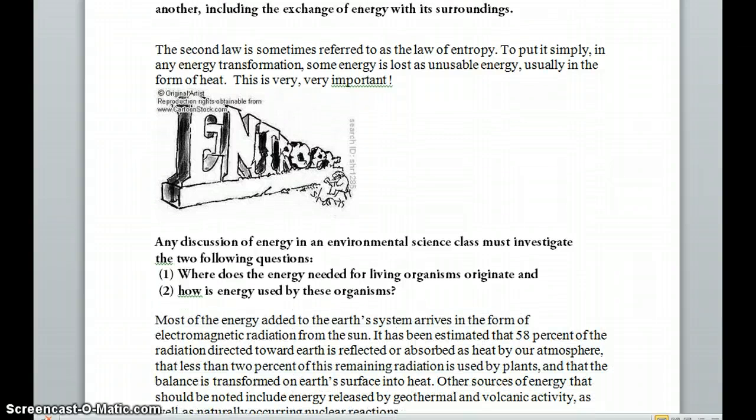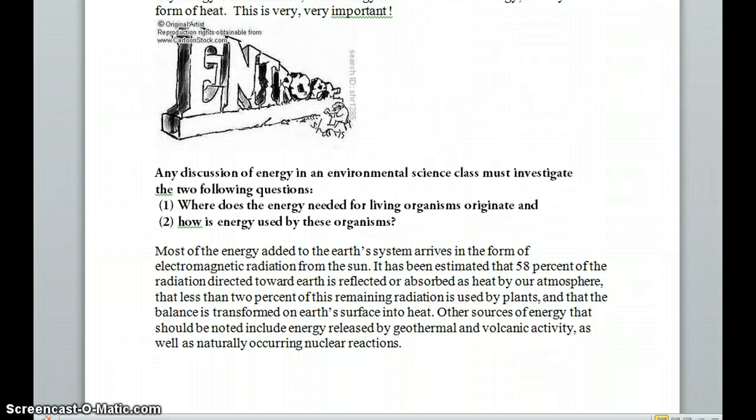Any discussion of energy in an environmental science class must investigate the following two questions. Where does the energy needed for living organisms originate? And how is the energy used by these organisms? So we probably already know that most of the energy originates from the sun, the electromagnetic radiation from the sun.